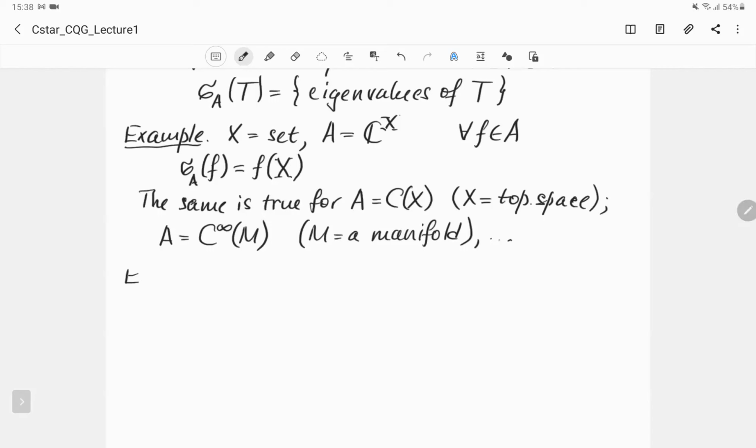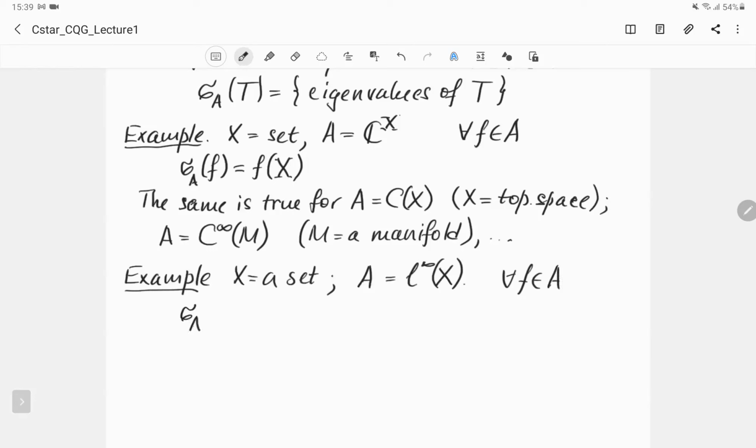For example, if we take again an arbitrary set X and take the algebra of bounded functions, little infinity of X, then it is easy to see that for each function f in this algebra, the spectrum of f is the closure of f of x.